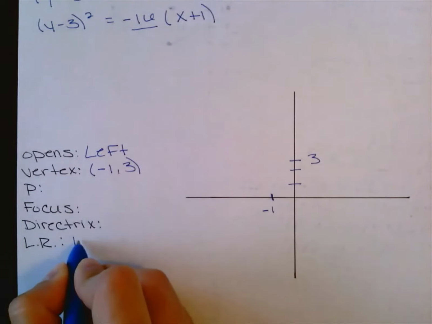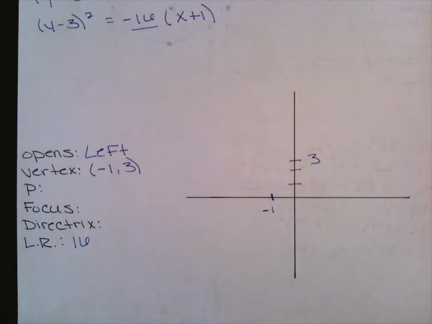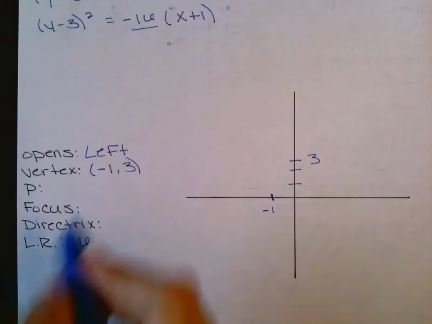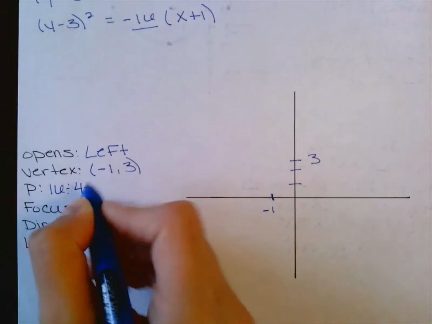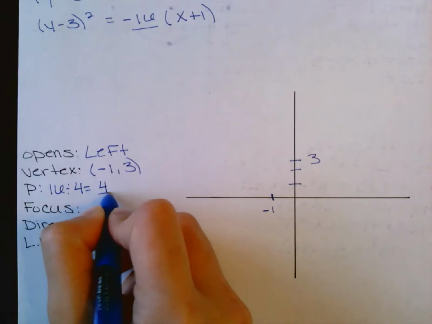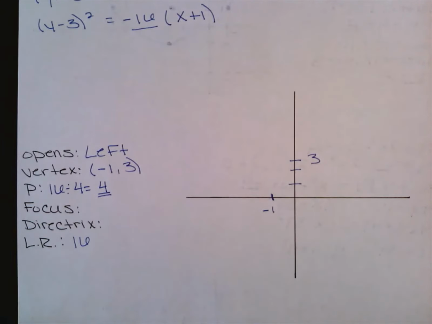16 is my LR. Again, the negative is just to dictate which way it's facing. If I divide that 16 by 4, I get my P, my distance to my foci and to my directrix.